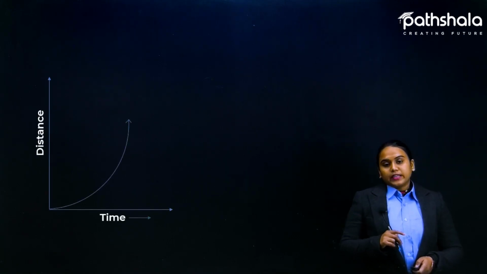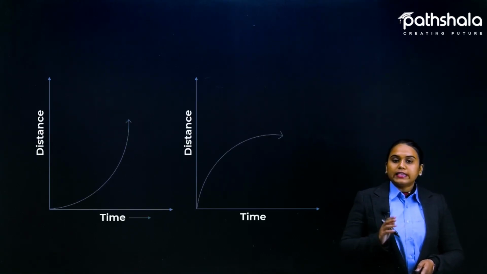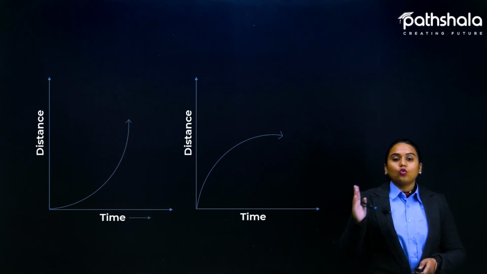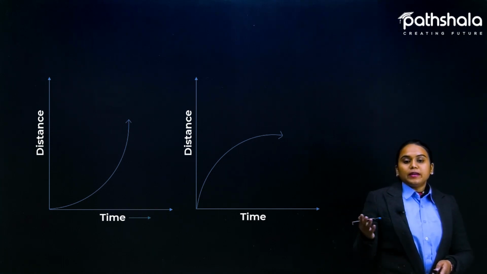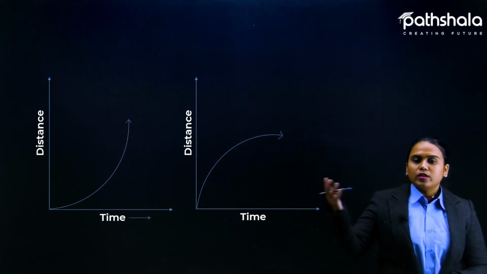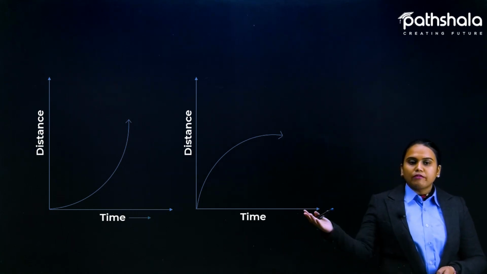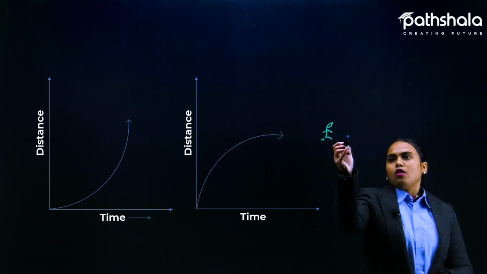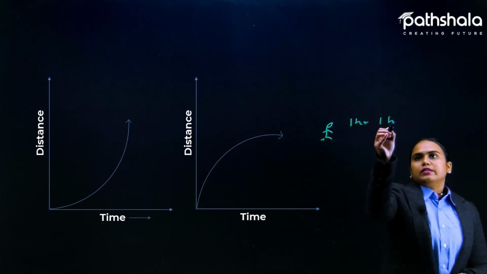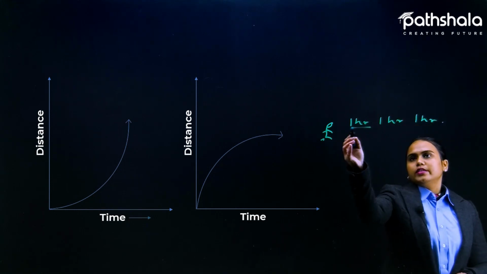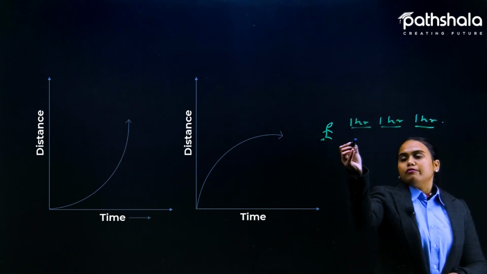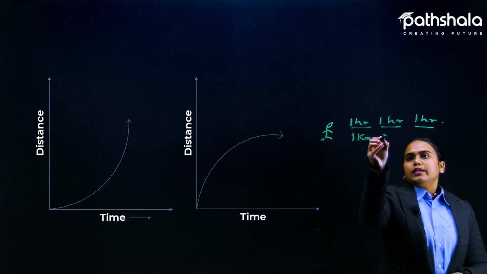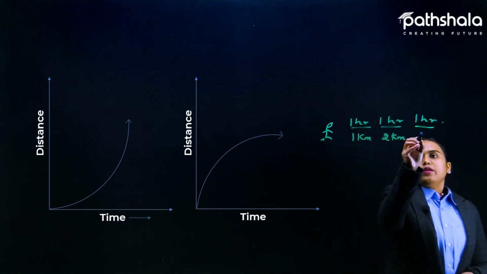What is the graphical representation of non-uniform motion? Because it is not going to cover equal distance, there will be no straight line. Let me tell you one example. According to this, you can even frame your own graph. A boy is covering distance with a 1 hour gap. In the first hour he covers 1 kilometer, in the second he covers 2 kilometers, and again 1 kilometer.